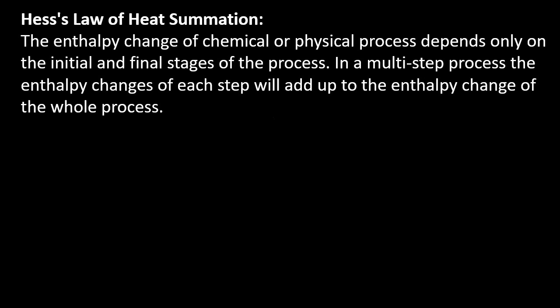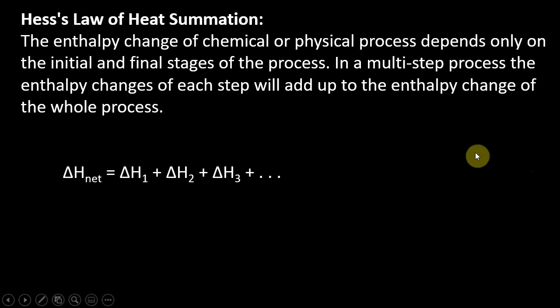In some cases, this is quite helpful because it allows us to figure out enthalpy changes based on those multi-steps rather than going through the entire process, which may be more difficult in terms of determining the overall enthalpy change. The way we write it out mathematically then is the overall enthalpy change, delta H net, is equal to delta H1 plus delta H2 plus delta H3 and so on, however many steps there happen to be.